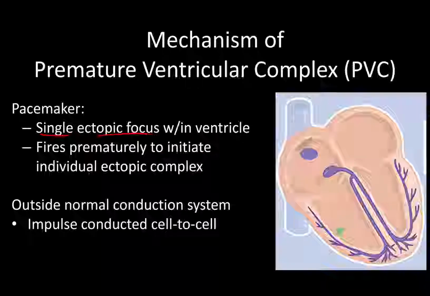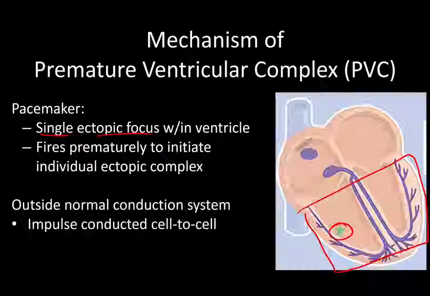In this case, you've got just one single ectopic beat. It doesn't have to be in this location. It literally can be anywhere within the ventricles that it can occur, front side, back side, anywhere. And that's a lot of real estate, which is why PVCs can look so different, and we'll discuss that as we go forward as well.